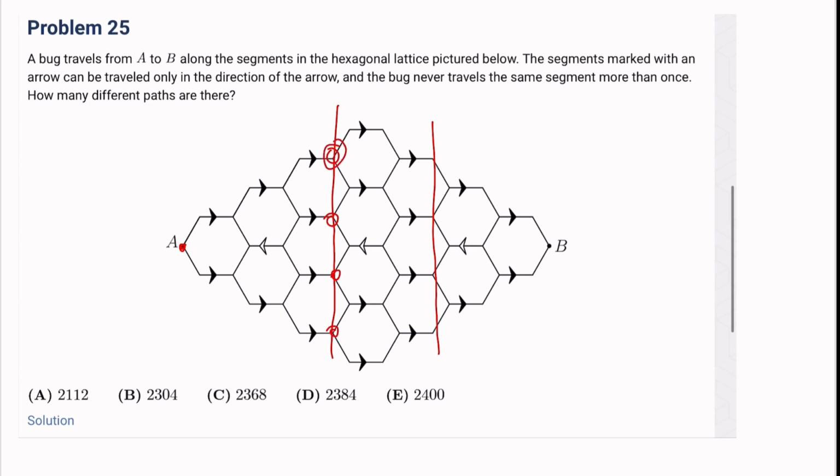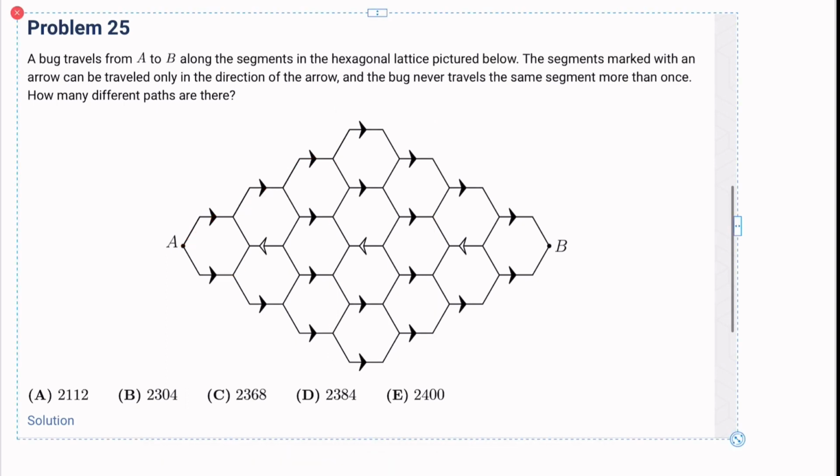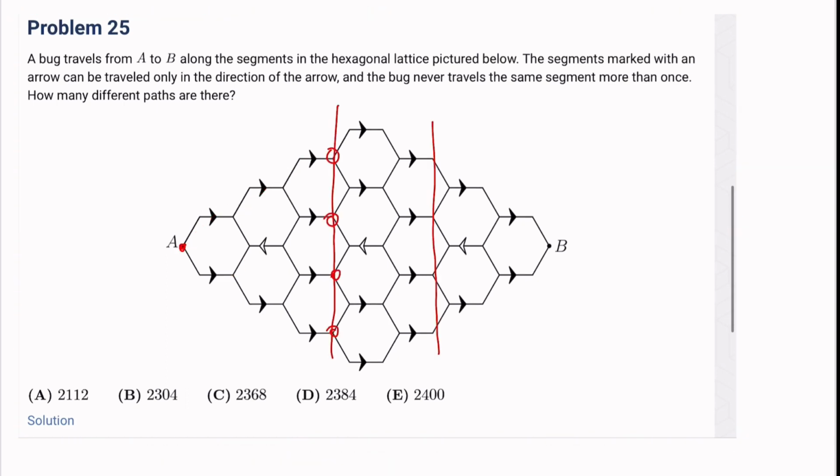And so for this point, it's 1 and 2 and 3 and 4 and 5. Again, 1, 2, again 1, 2, 3, 4, and then using this one, the last one, will be 5.